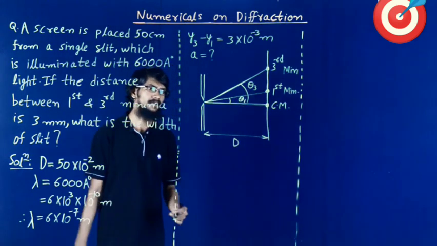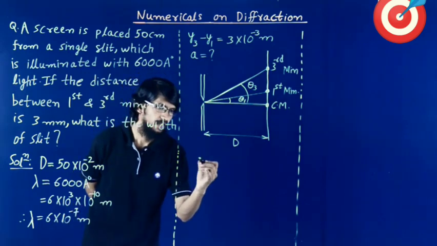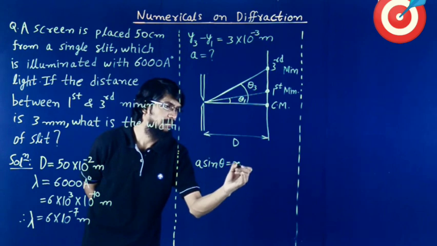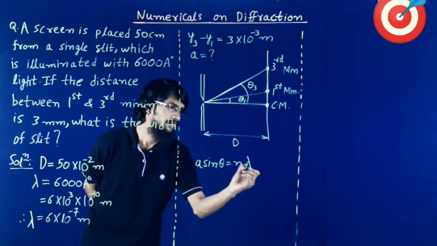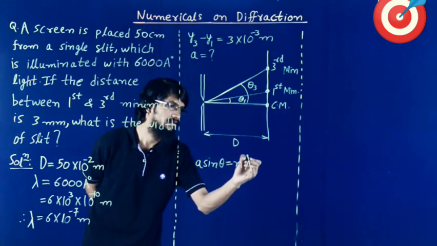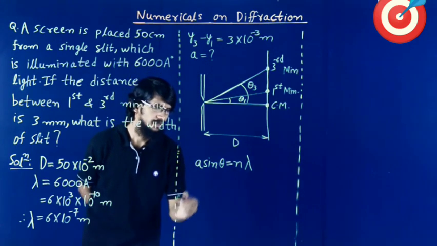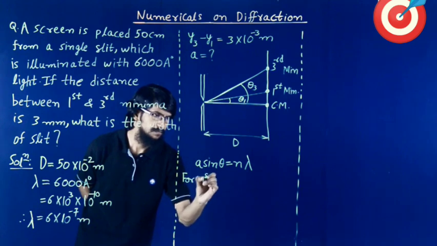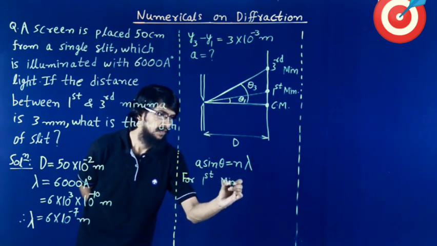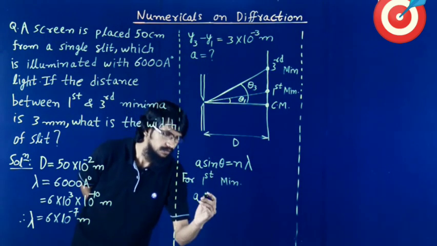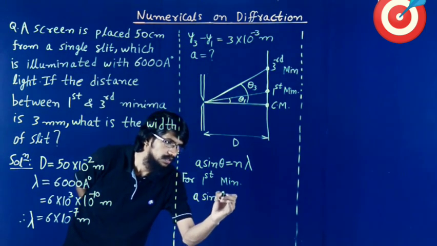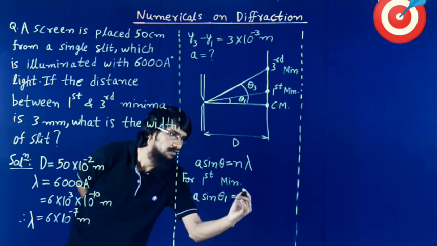Now we know one formula. A sine theta is equal to n lambda if it is a minimum intensity point in the diffraction pattern. So let's write for first minima: A sine theta 1 equal to 1 into lambda.